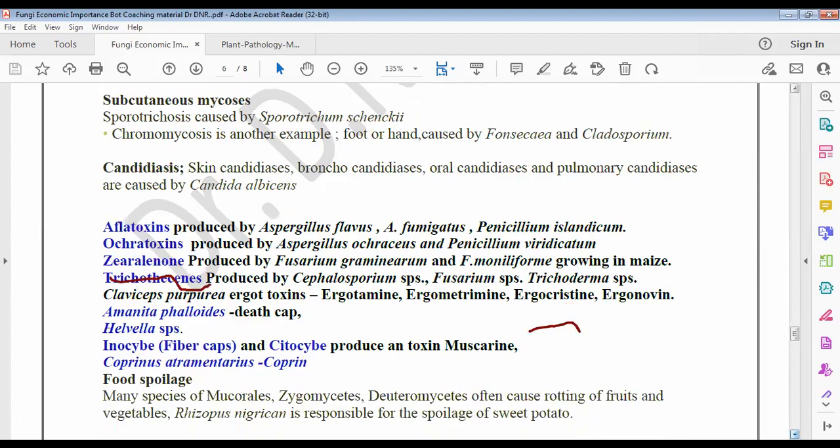And one more, aflatoxins, released from Aspergillus species, Aspergillus flavus, Aspergillus fumigatus, and Penicillium islandicum. If this attacks the seeds, the whole seeds will be spoiled. Instead of protein, these toxins accumulate in the seeds.